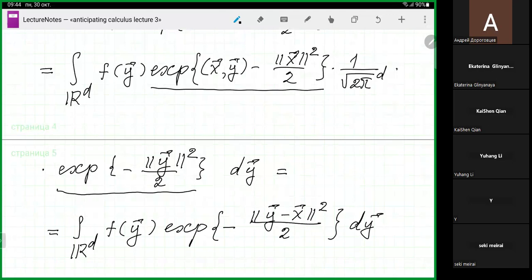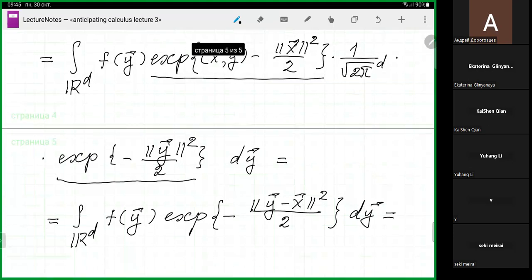Here I use the fact that we consider the Euclidean norm and Euclidean scalar product, and the norm squared is exactly the scalar product of the vector with itself. So we have such a representation.